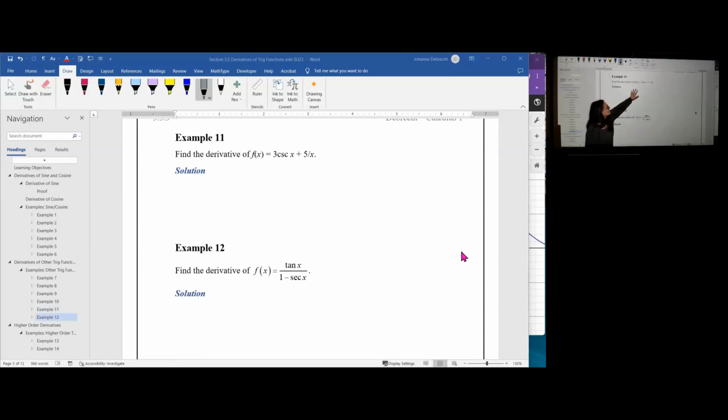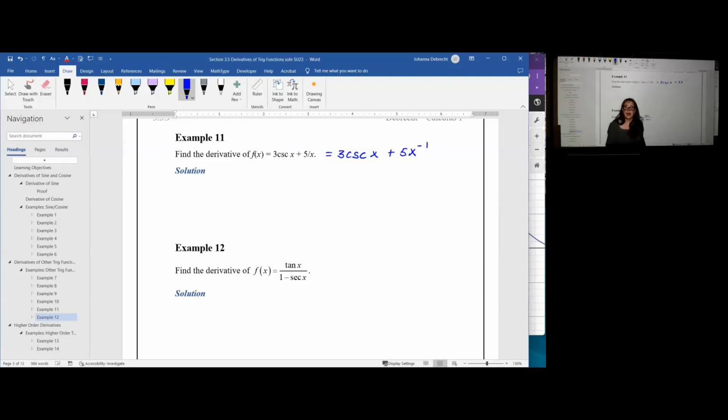In example 11, you will use the sum rule for derivatives. You can use the quotient rule on the 5 divided by x, but you can also instead rewrite this in a slightly different form that's easier to apply the derivative rules. I can rewrite 5 divided by x as 5 times x to the negative 1 power.